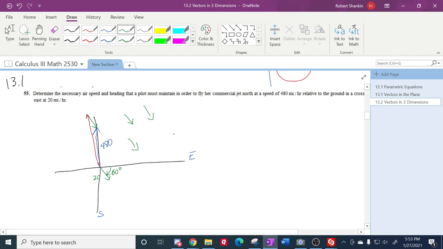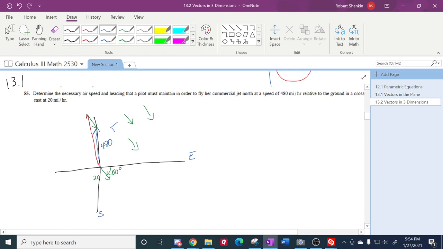Can you do the distance formula then? Or no, the Pythagorean theorem then? If it was a right triangle, but I don't think this is going to be a right triangle. Wouldn't we just use like the sine or cosine or tangent? Yep. And we'll add component by component. Okay, so we'll take this one.